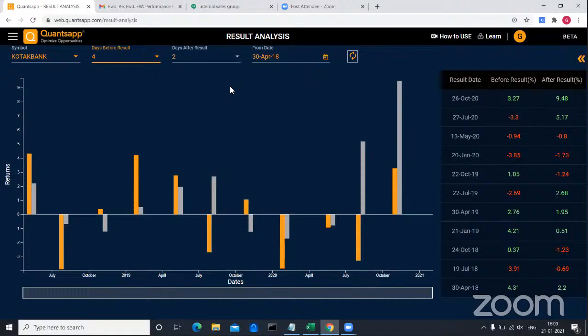So this is more into the analysis part of looking into how these stock prices have fluctuated after the result and before the result. So kya hota hai na ki result aane ke pehle kaafi zyada movement hoti hai, ki there's lots of uncertainty ki result kaisa aayega, kitna aayega, expectation beat karega nahi karega, and lots of other things that could lead into movement which we can see in the trades.